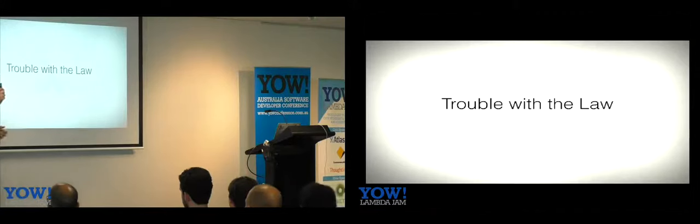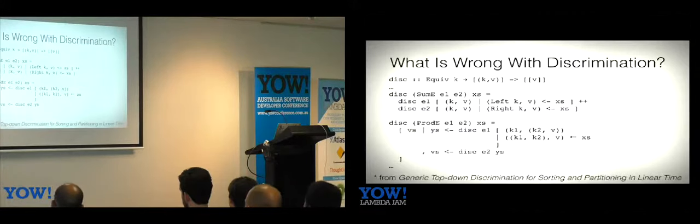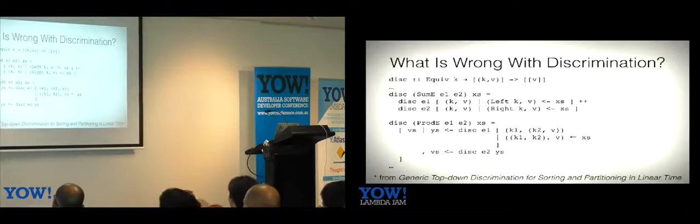And so we come into trouble with the law, where in the actual original discrimination paper, the implementation for handling sums looks a lot like the way that we handled them for sorting, because it is sorting. And the way that we handle products looks a lot like the case we were handling for sorting, because it is sorting. And so this is why in many ways discrimination is wrong.